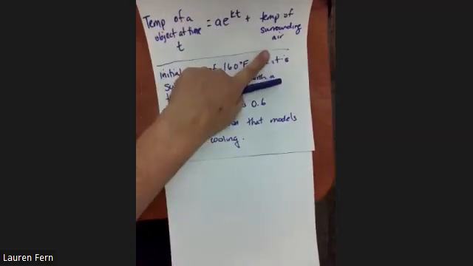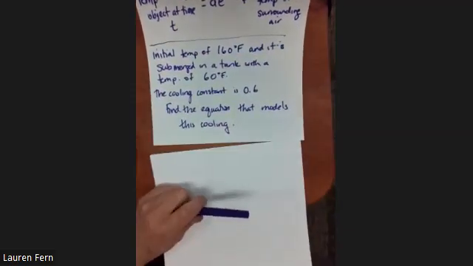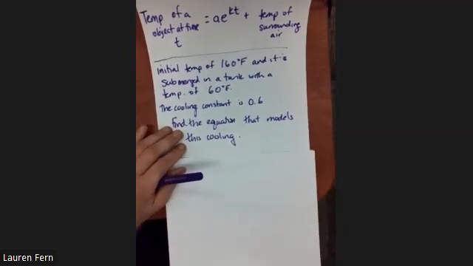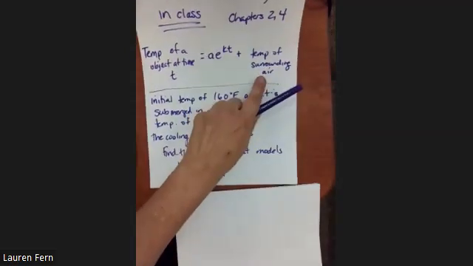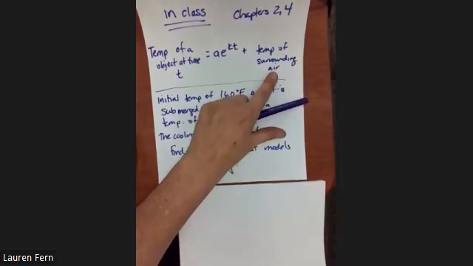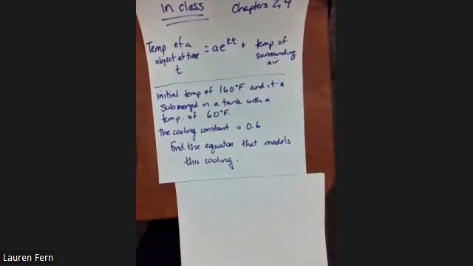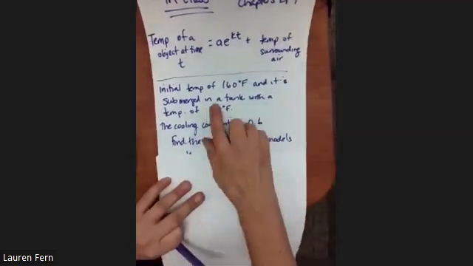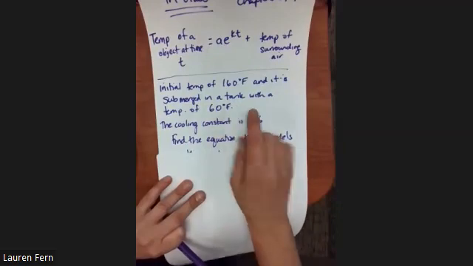So what we want to do is find this equation. Okay. Now, the thing that I always start with, just like when we were playing with these last week, is the temperature of the surrounding air or surrounding whatever it is. In this case, it's submerged in a tank.